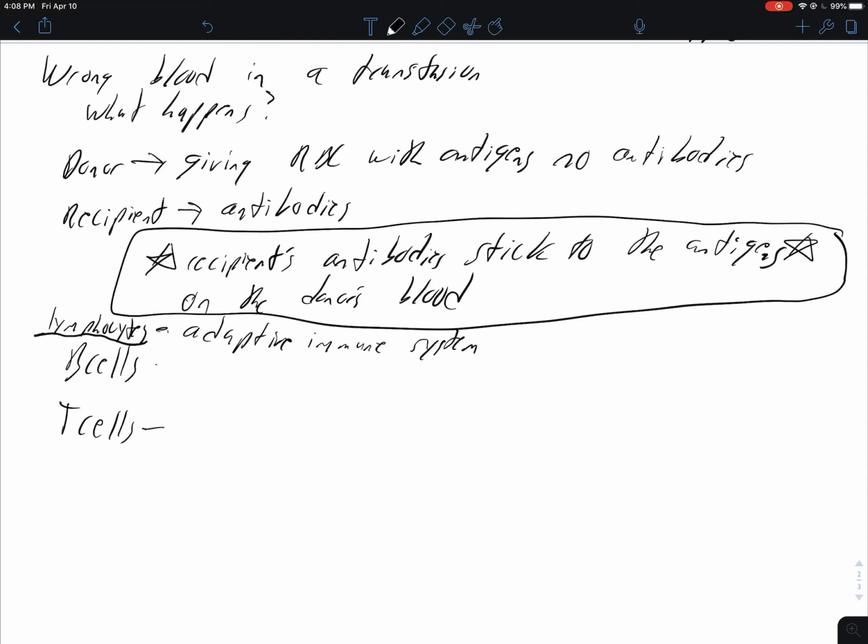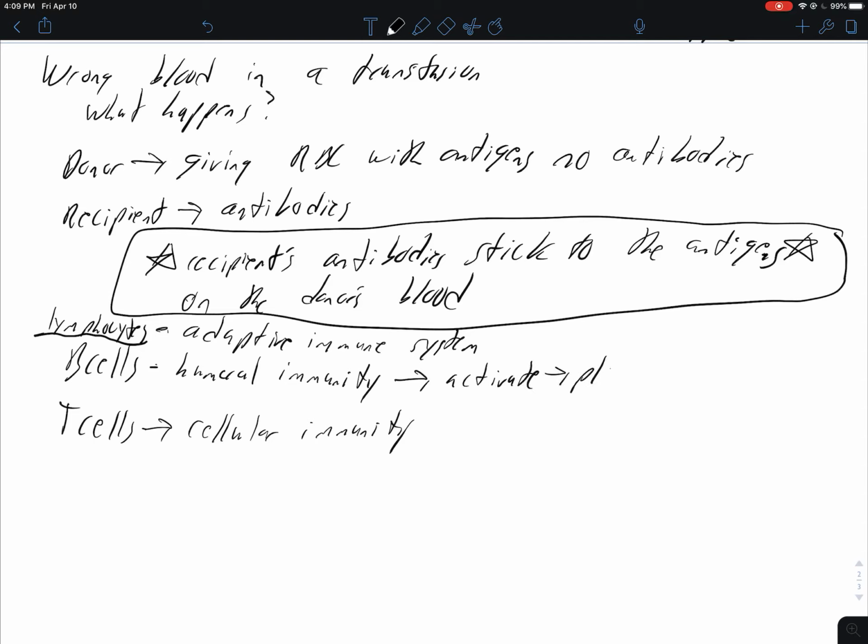T cells carry out the cellular immunity, and B cells carry out humoral immunity.